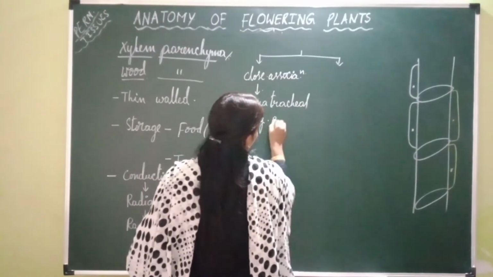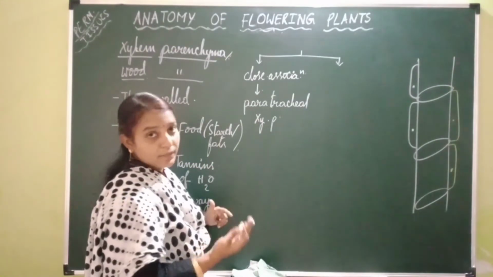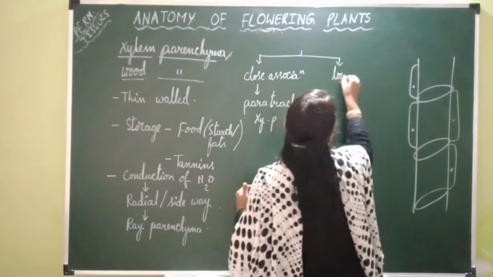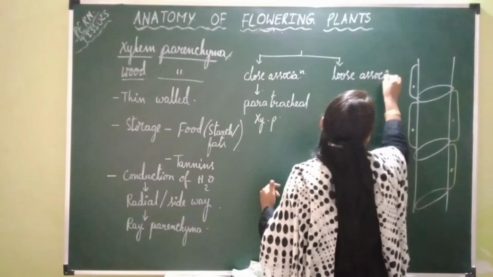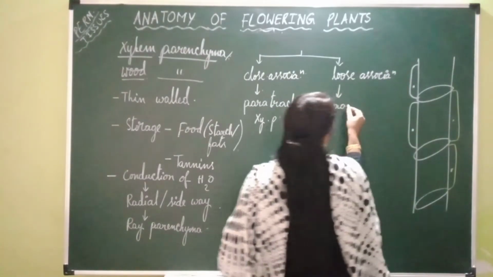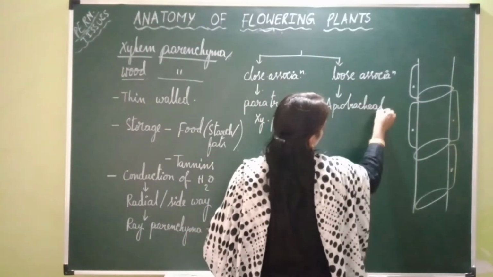If the association of the xylem parenchymatous cells with the vessel is loose, then that type of xylem parenchyma is called apotracheal parenchyma.